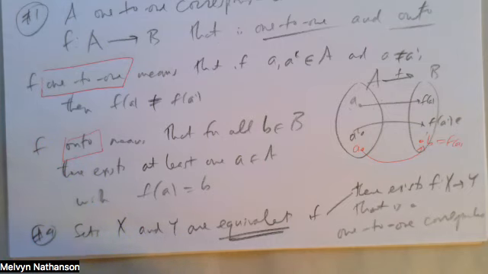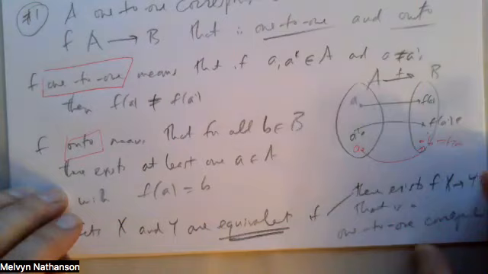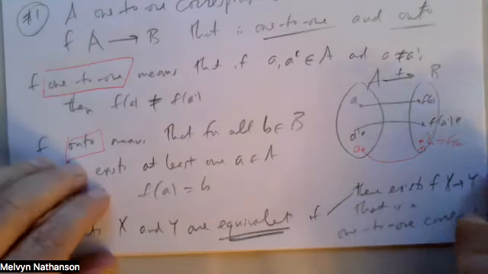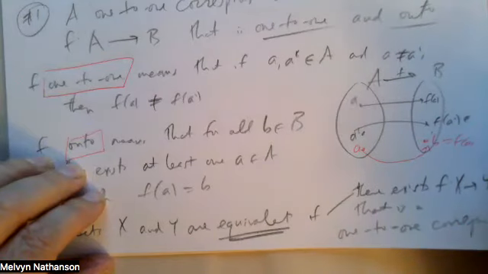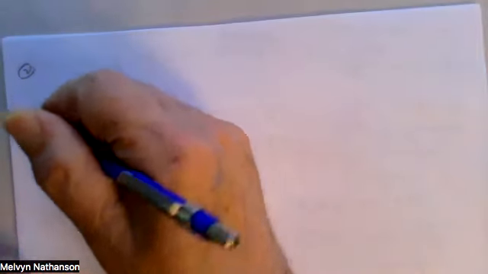And any questions about this so far? Problems 2 and 3 are to examine or to construct particular one-to-one correspondences. So in problem 2, we're going to construct a one-to-one correspondence f from the open interval (0, 1).